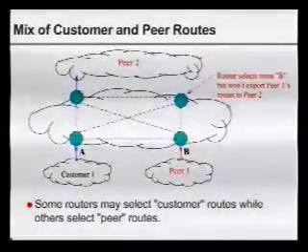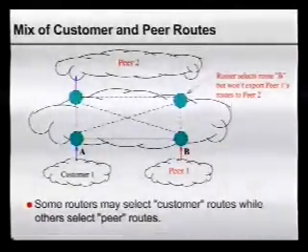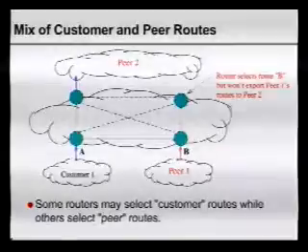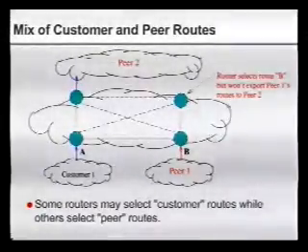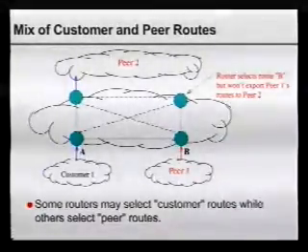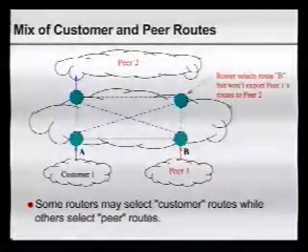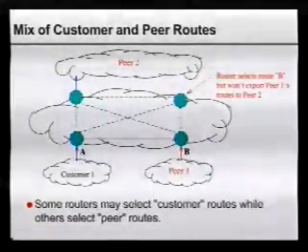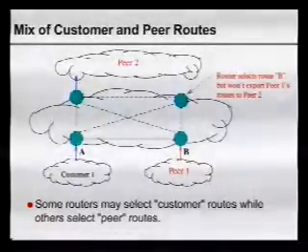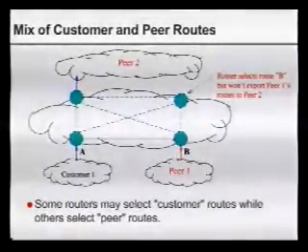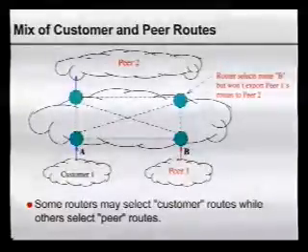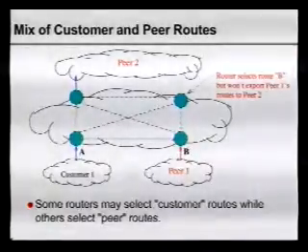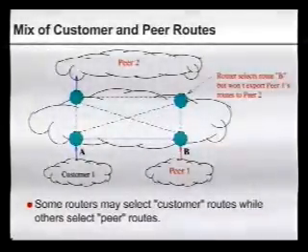Okay, so those are things that involve configuration. Let's talk about some more fundamental limitations that can cause these inconsistencies to happen. Just supposing for a minute that we abide by that common restriction that if an AS learns a route from a peer, it's not going to re-advertise that route to another peer. Well, strange things can happen if you prefer customer routes and peer routes to a single destination equally.